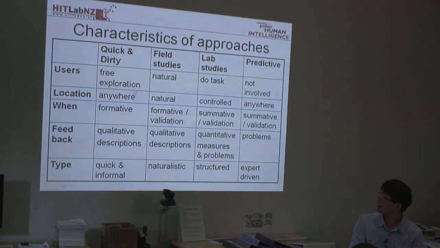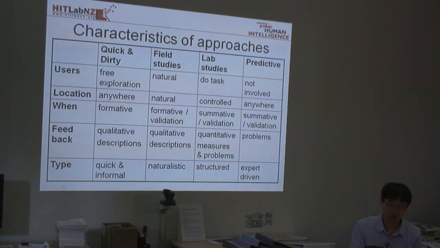So, summarizing the table: quick and dirty, field studies, lab studies, and predictive methods. The first three involve users in certain ways, but the last one doesn't involve the end user, so it's just yourself or an expert that checks your product based on the guidelines.